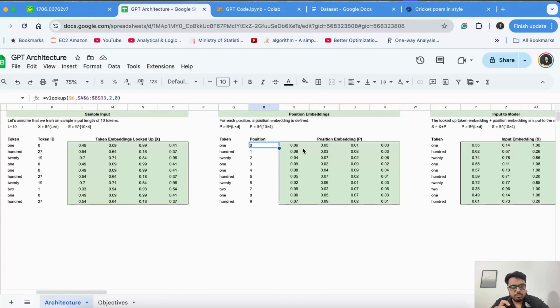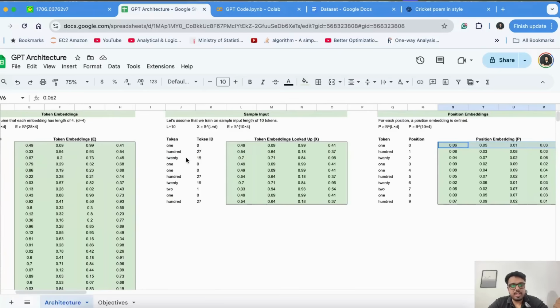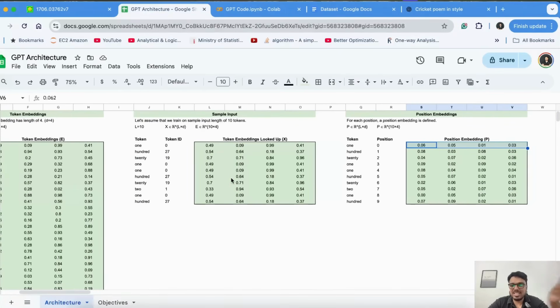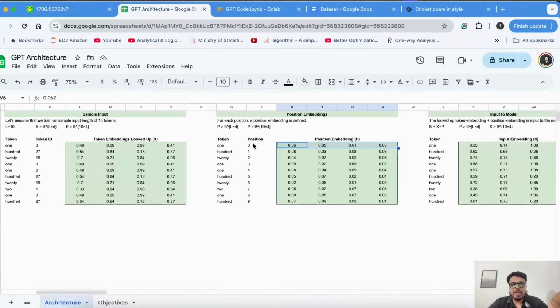Now, the idea behind positional embedding is to give a positional meaning for each word. Token embeddings represent each token, and position embedding is representative of each position. So the word 1 is coming at the first position in this sequence length of 10, so we provide a position embedding of dimension 4, and for the second position, so on and so forth.